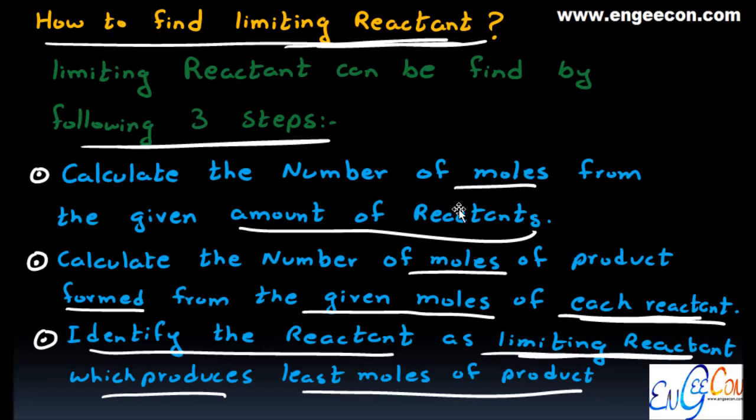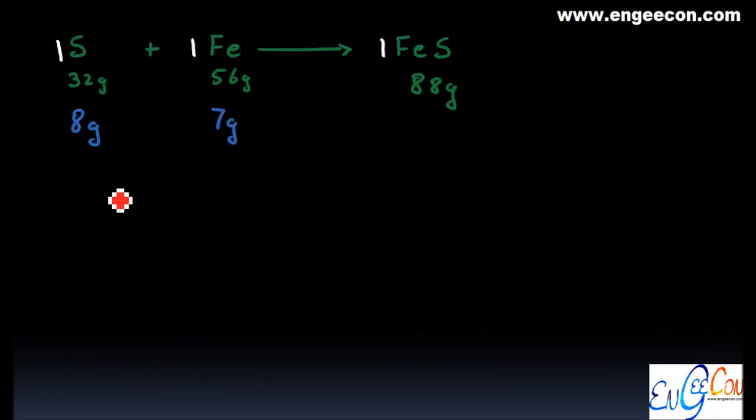So according to the steps that we have discussed before, the limiting reactant can be found with the help of these. As we know, 32 gram of sulfur produces 88 gram of ferrous sulfate. So 8 gram of sulfur produces how much?